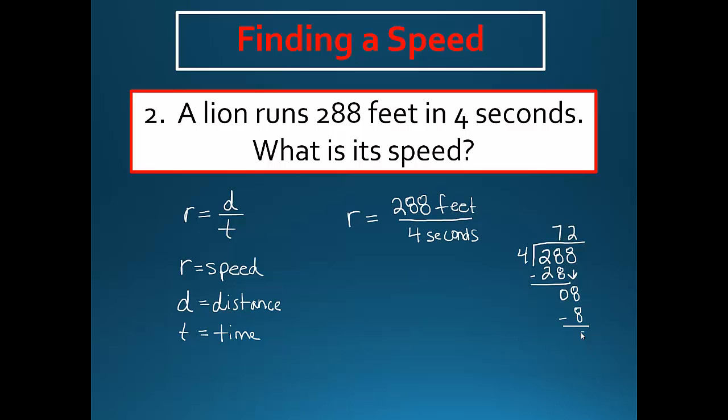We subtract and we get 0. So 288 divided by 4 is 72. And then we still have our label, which would be feet per second. And that would be equal to R. So our speed is 72 feet per second.